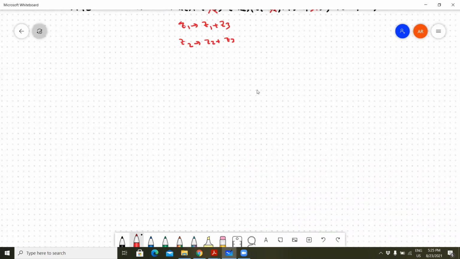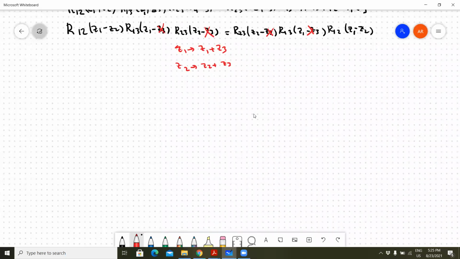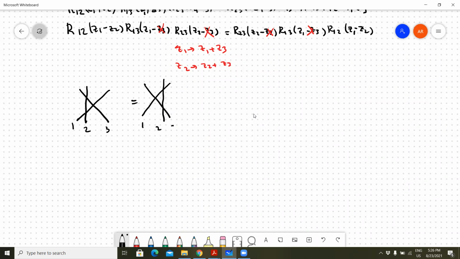And now we can write this Yang-Baxter in a schematic way, this equals to 1, 2, 3, 1, 2, 3. And this is basically like every time the lines cross, you have an R matrix.